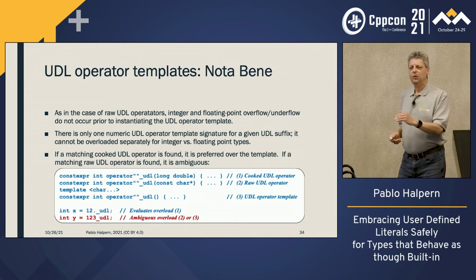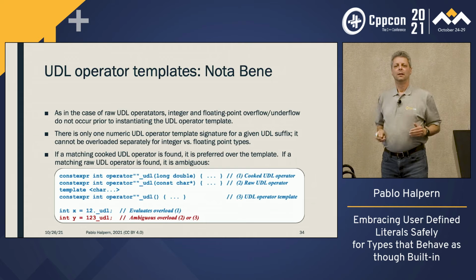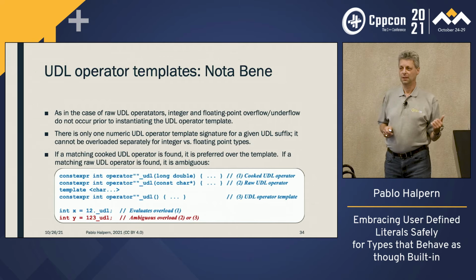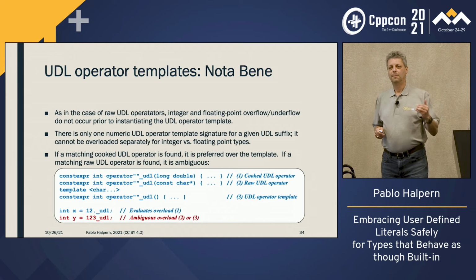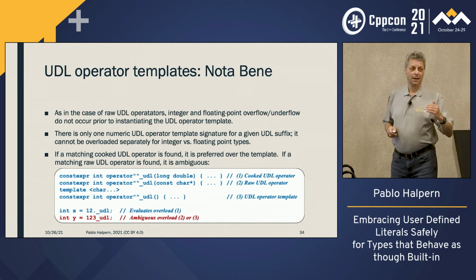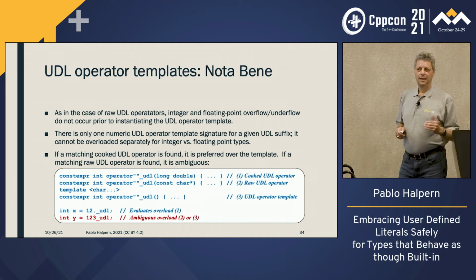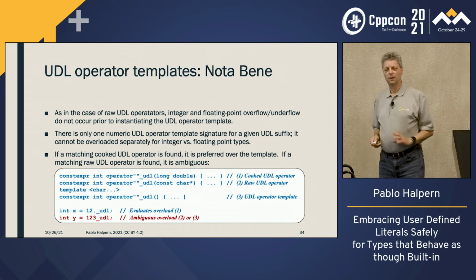Now, if you have both a cooked and a template UDL, the cooked one is preferred if they both match. But if you have a raw and a template UDL, that's ambiguous. The compiler will not pick one over the other.